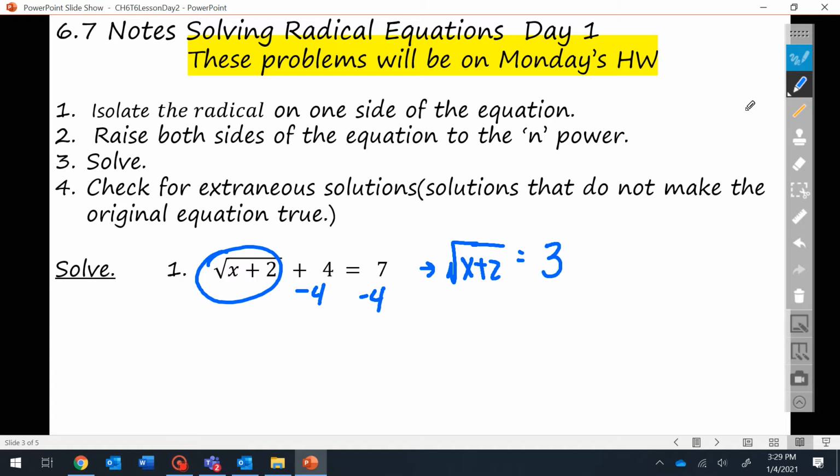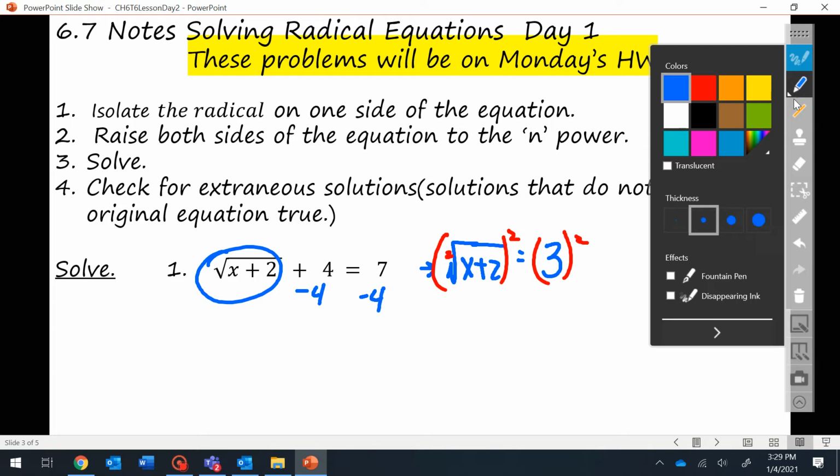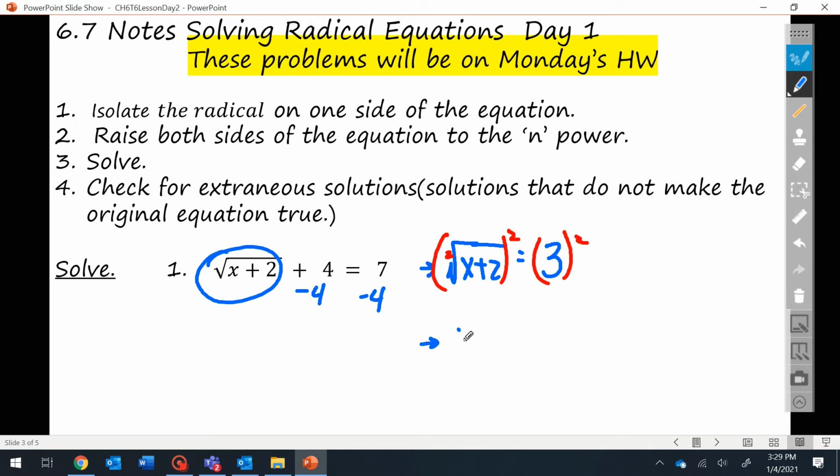The index here is 2. So to get rid of the index 2, we would square both sides. And that will get rid of our radical for us. We'll have x plus 2 is equal to 9. Alright, we'll subtract 2. And we get x is equal to 7.